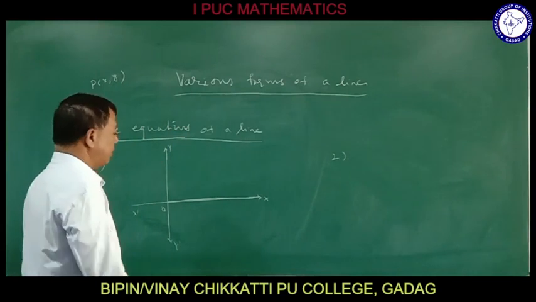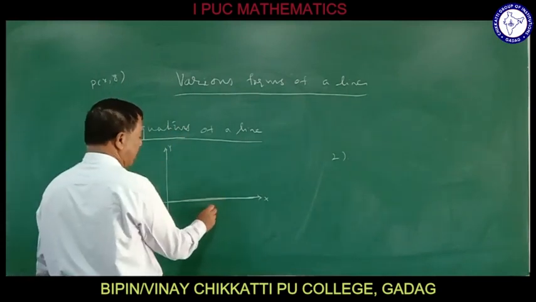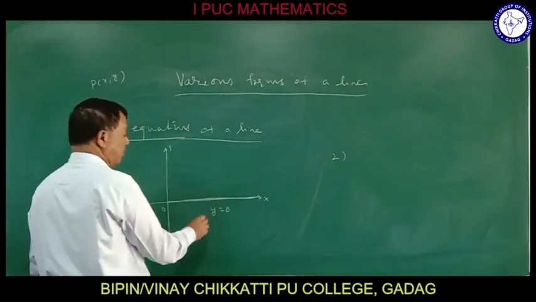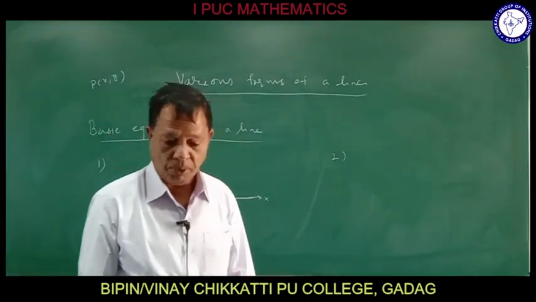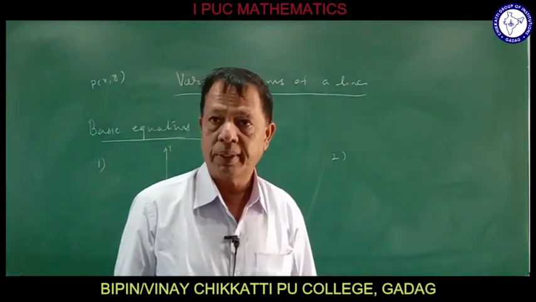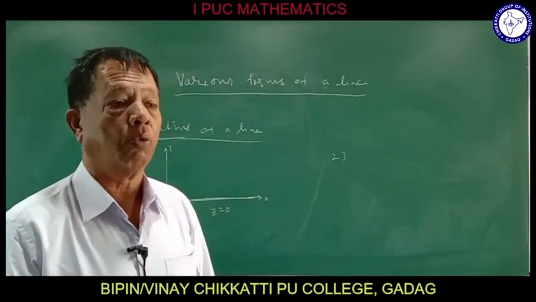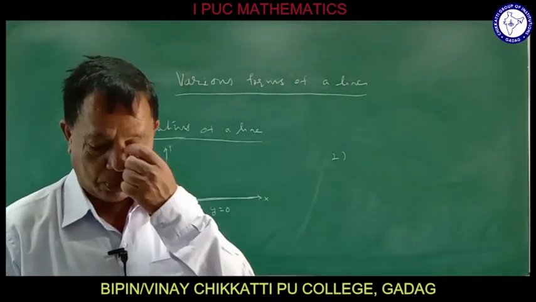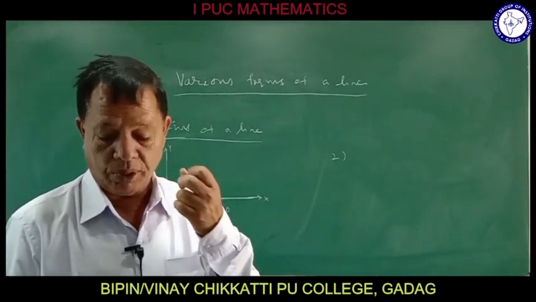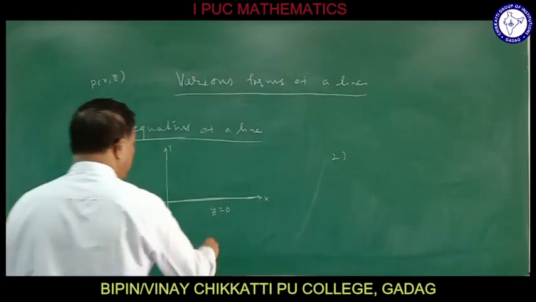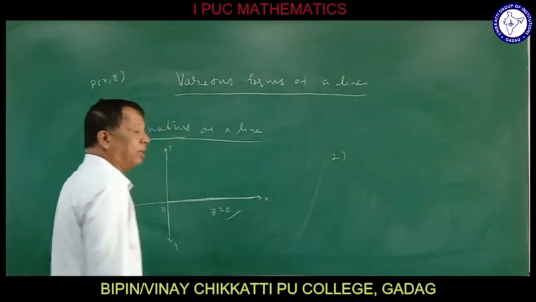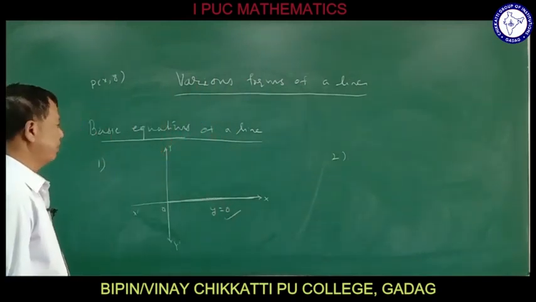So what is the equation of the x-axis? y equal to 0. Because the x-axis is the locus of a point which moves such that its y coordinate, that is the ordinate, must be 0. y equal to 0 is the equation of the x-axis.